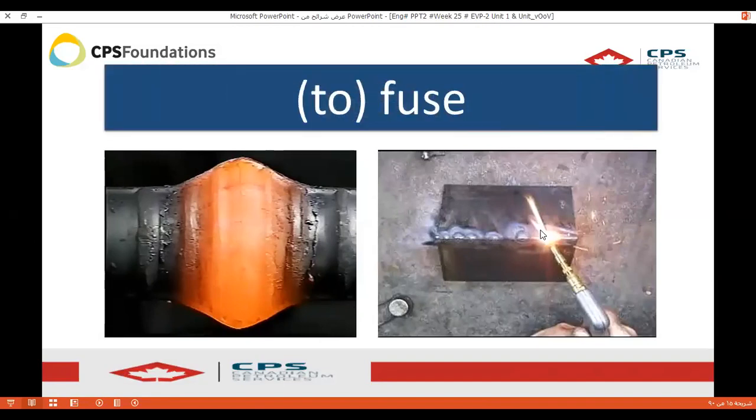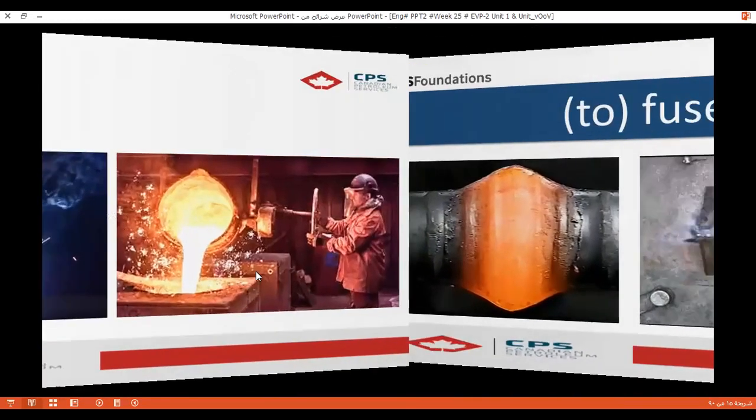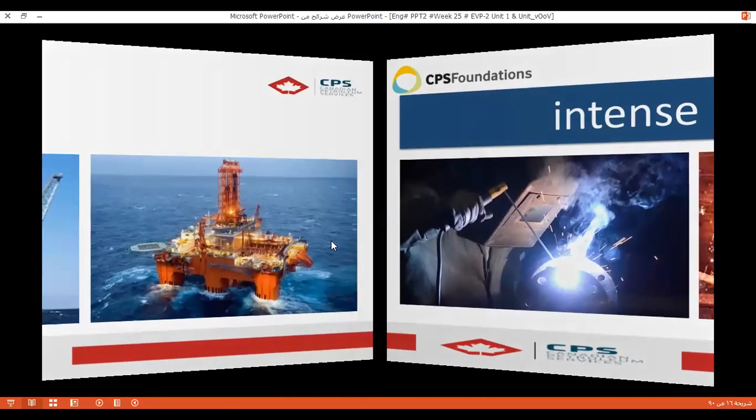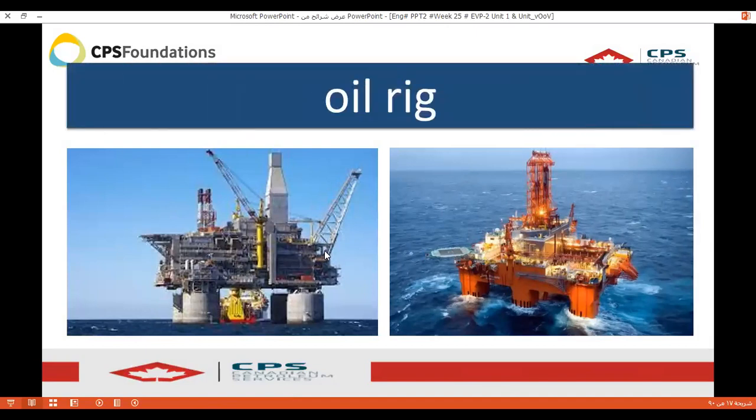Here, this is a metal, and by heating, it fuses. So to fuse is to melt a piece of metal using intense heat. After you melt, it becomes liquid by intense heat, as we said, very high. Intense heat means very high heat.